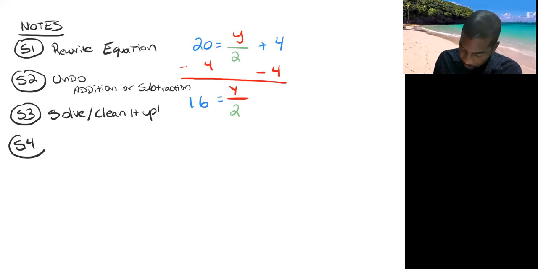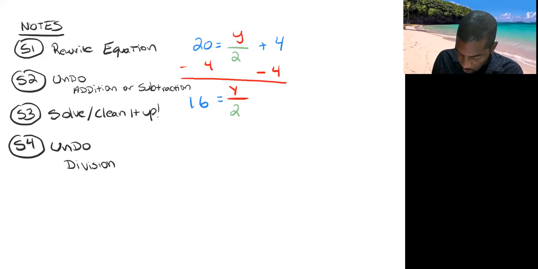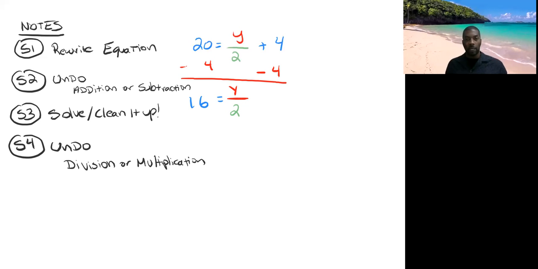Step 4, undo division or multiplication. All right, do I have multiplication here? No. Do I have division here? Yes. So if I have division, y divided by 2, what do I need to use to get rid of the division?